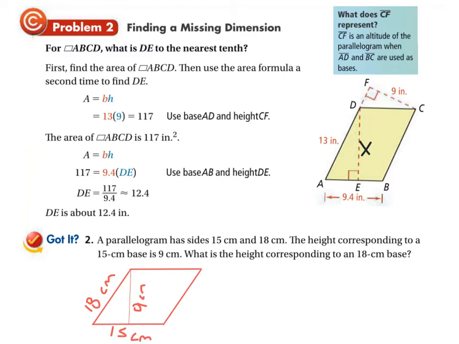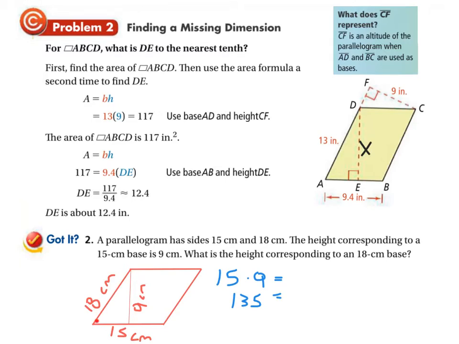Okay, so if we know that we have an altitude of 9 centimeters from the 15 centimeter base, then we can say the area is going to be 15 times 9, which, fun fact, is 135. And that should be equal to, in the other direction, we have a base here of 18.